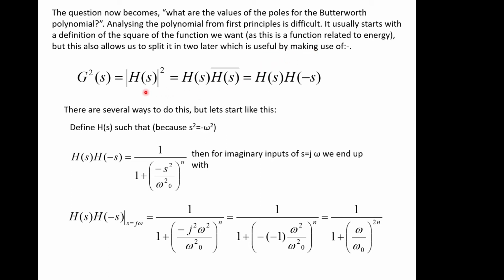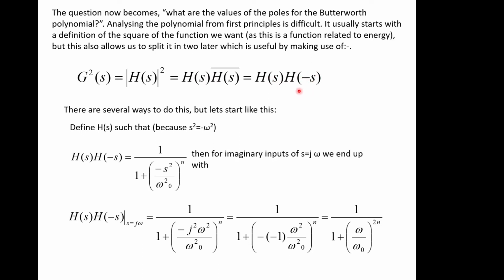So with a bit of manipulation of magnitudes and definitions, we can say that if we have a function g squared of s, which is defined as having the magnitude of h of s squared, that is the function of two equivalents of h, but this is the conjugate of that, and that's the equivalent of having s and minus s in the functions.